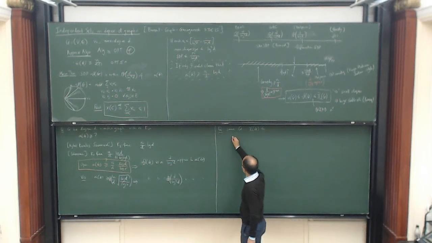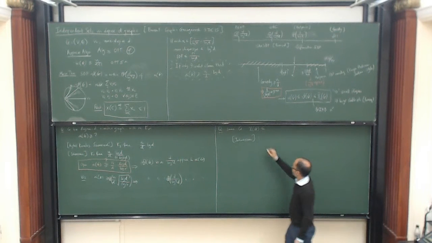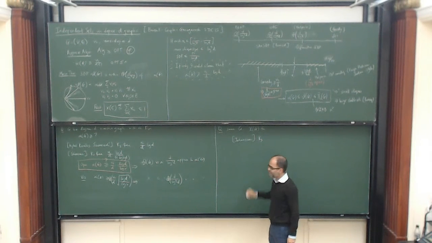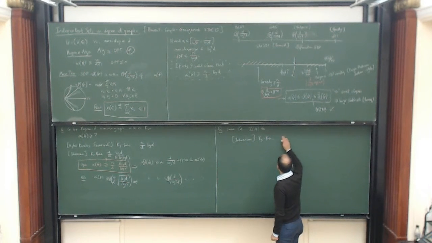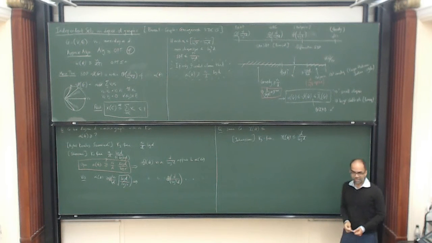So out here, there are two amazing results by this guy called Anders Johansson, who showed, his first result showed that if the graph is K3-free, then chi of G is at most D over log D. D is trivial, right?